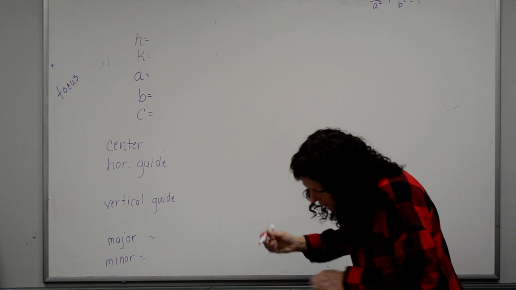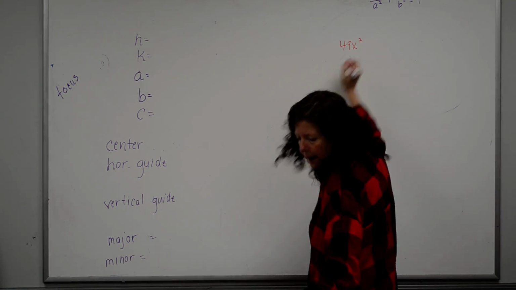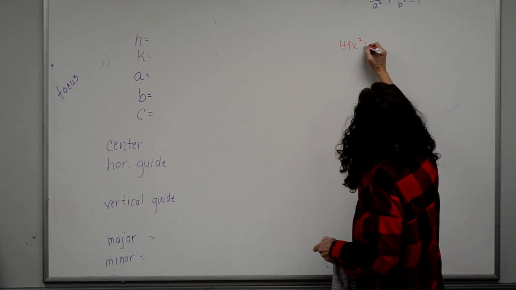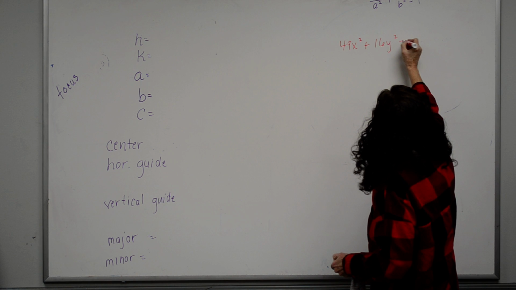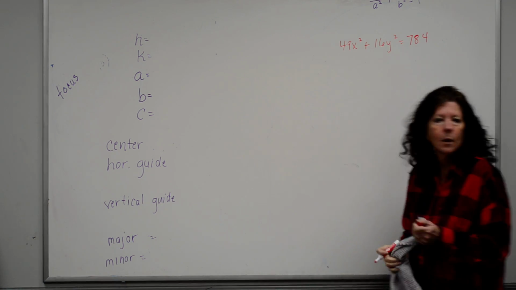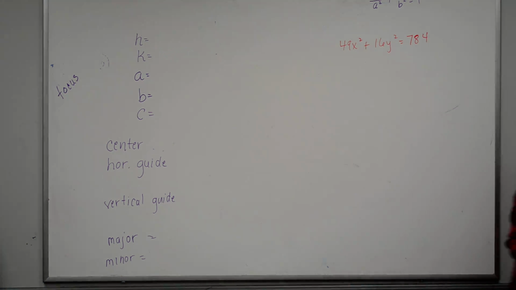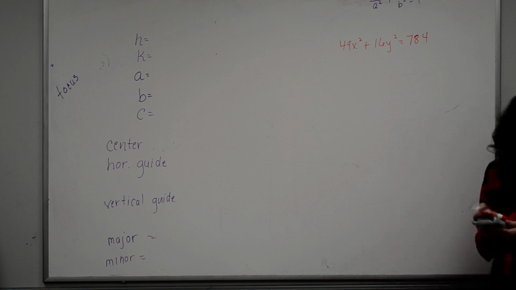All right, what if I have 49x squared plus 16y squared equals 784? What do you think I'm going to do to put it in the right form? Divide by 784. Now, if I were you, I would always use my calculator on that.